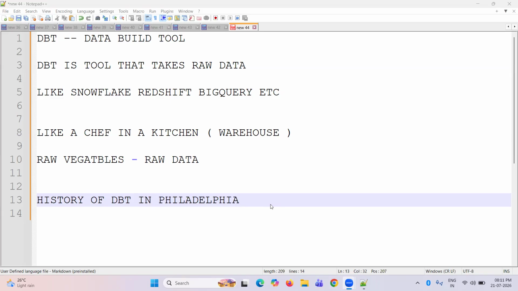While doing this consulting work, they kept facing the same painful problem. Data analysts knew SQL very well, but they had no proper way to do testing, version control, or documentation for their SQL.